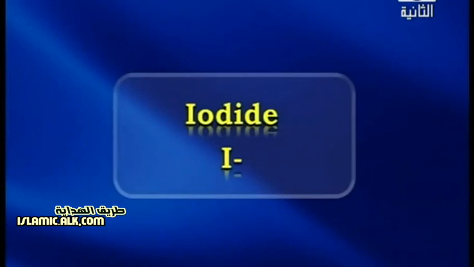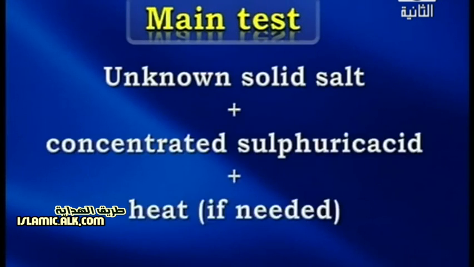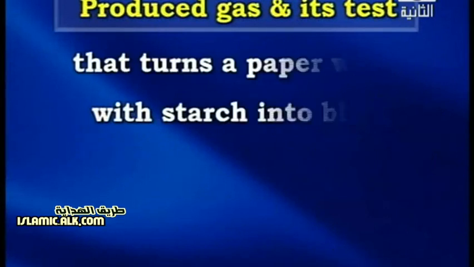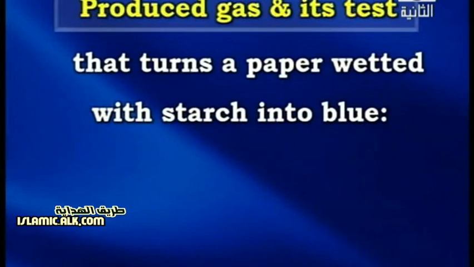Now we are going to discuss the iodide ion, as shown on the screen, I-1. The main test is the unknown solid salt plus concentrated sulfuric acid. Here the produced gas is hydrogen iodide gas that is oxidized partially by sulfuric acid giving violet fumes of iodine, that turns paper wet with starch blue.